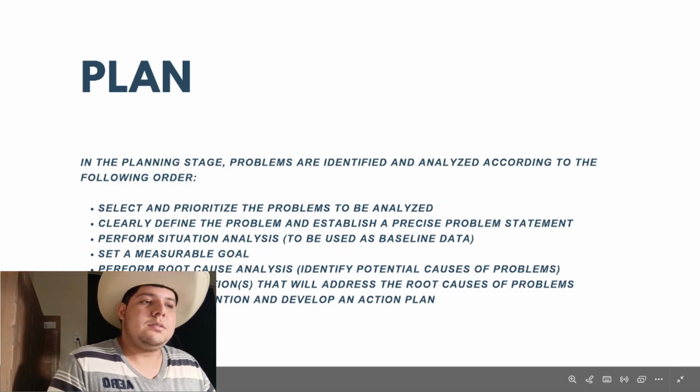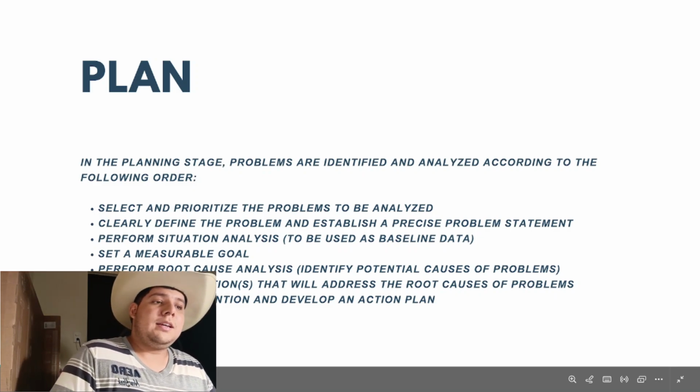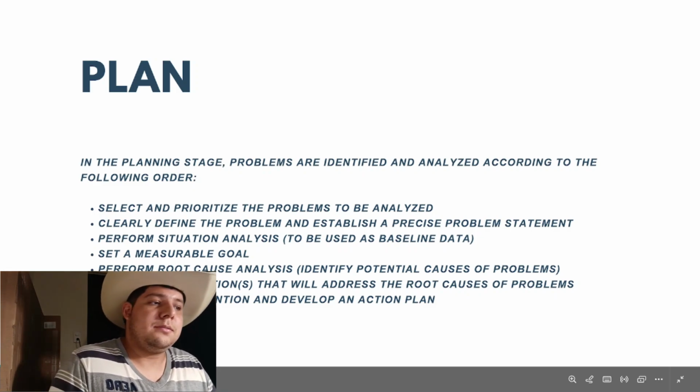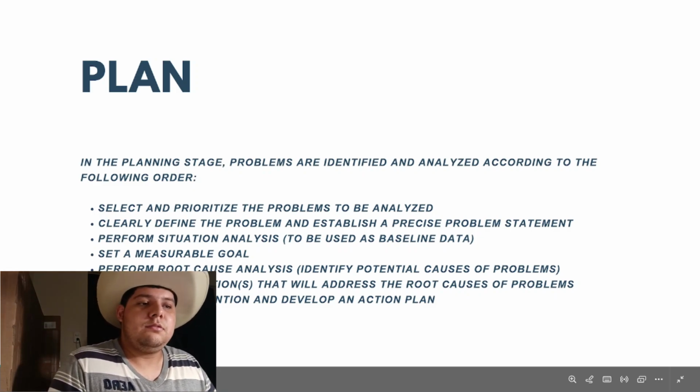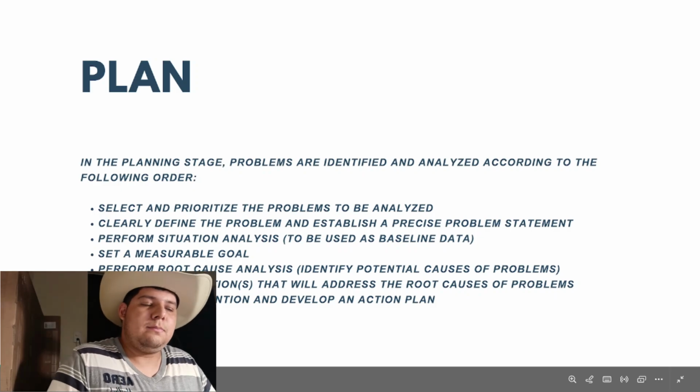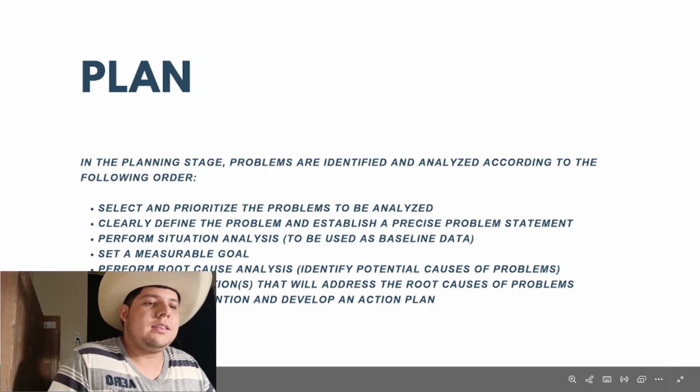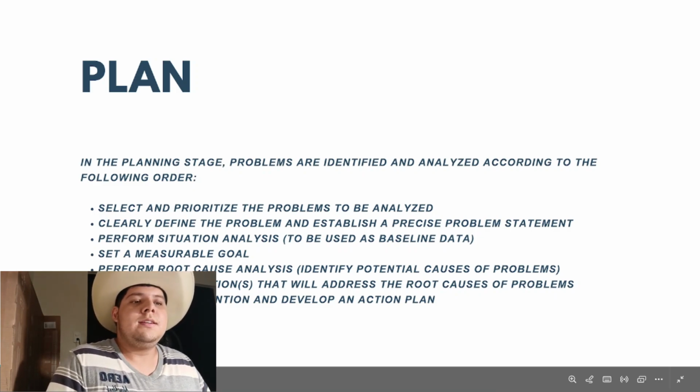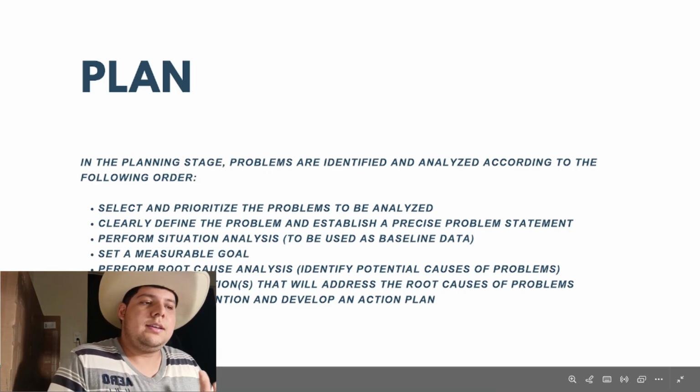Select and prioritize problems to be analyzed, clearly define the problem and establish a precise problem statement, perform situation analysis to be used as baseline data, set a measurable goal, perform root cause analysis, identify interventions that will address the root cause of the problems, select an intervention and develop an action plan.